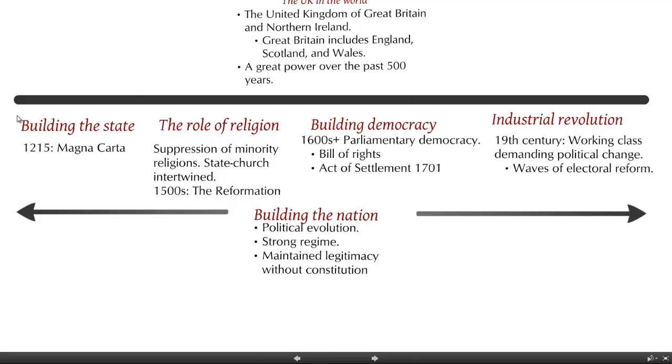So when we look at these four dimensions again, we see here that it's a long evolution building this political system, this political community, the nation, I'm using that word here, which is a problematic word in many ways, because of course you could argue that the United Kingdom actually consists of many nations, Scotland being maybe its own distinct nation in comparison to England, and what about the Welsh?